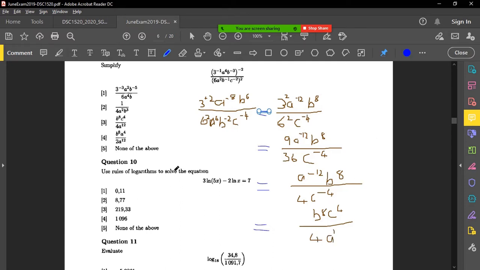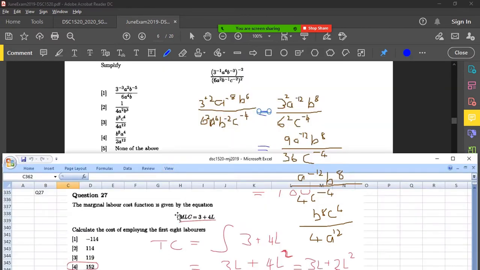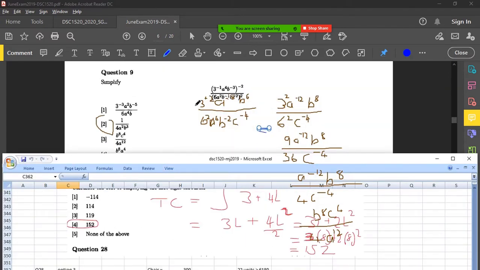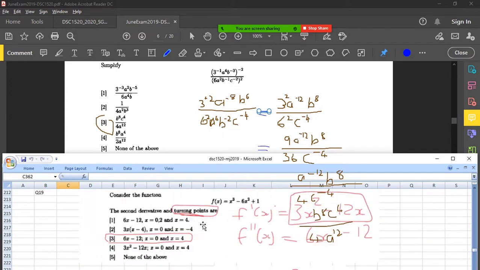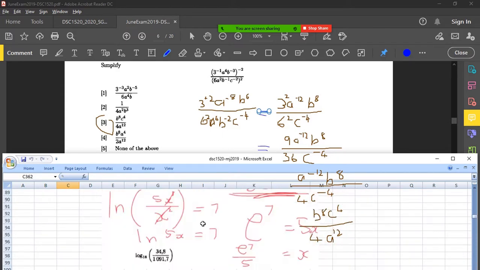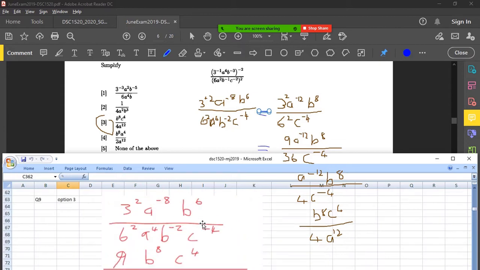And that's option 3. Let's check if it's correct. This was number 9. When we did this previously, let's double check. Yes, option 3. Perfect. Good job.